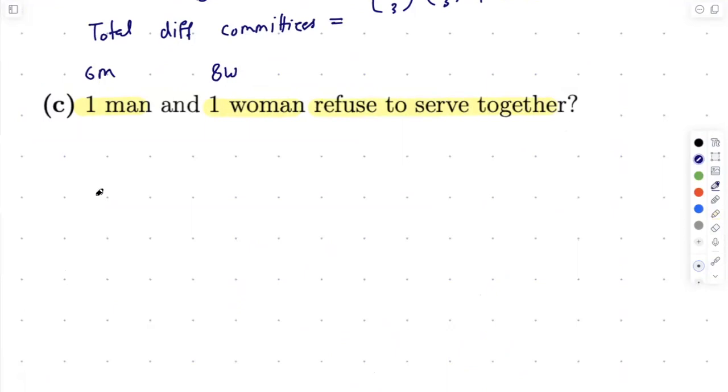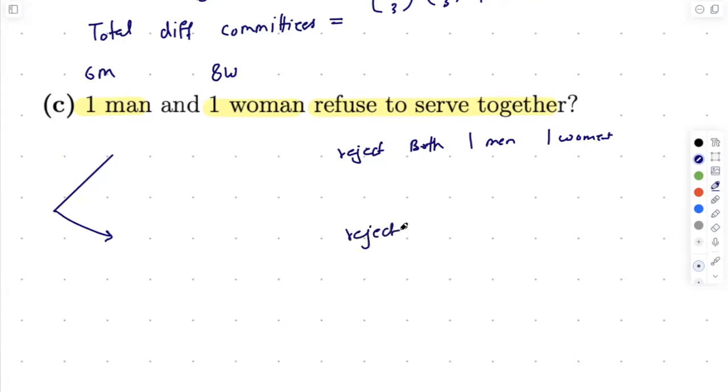So how can we go? There may be a possibility we reject both, one man and one woman. There may be another possibility: we reject this one man only. We do not take this one man in the committee.